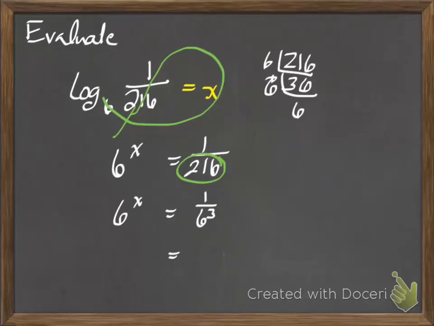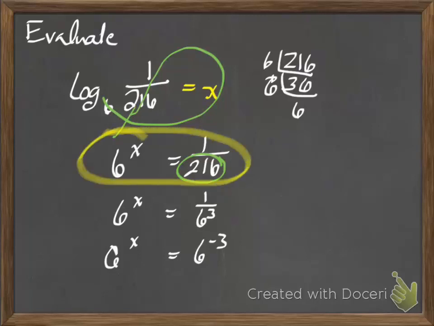But we need to move it down. So 6 to the negative 3. You're probably not going to need to show me all the steps. I do want to see this step from everybody, every single time. Some of you will need to show me another couple of steps to get there. Others are going to be able to jump to the point of saying x equals -3. But that yellow circle is needed shown every single time.